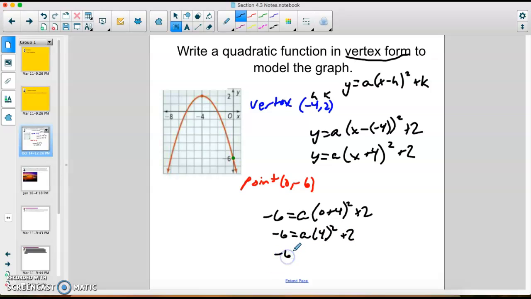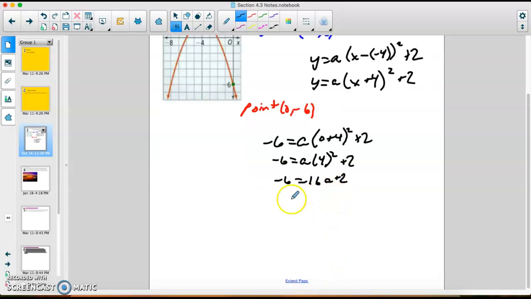So then -6 equals 16a plus 2. And now we do a little algebra here. We subtract 2, so we get -8 equals 16a. And when we divide by 16, we get -1/2.